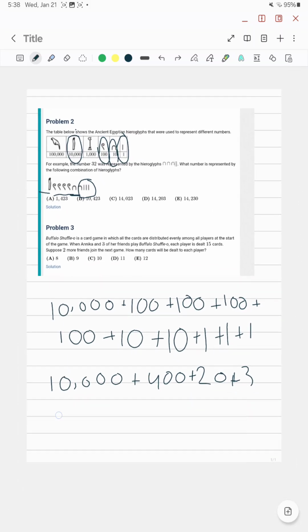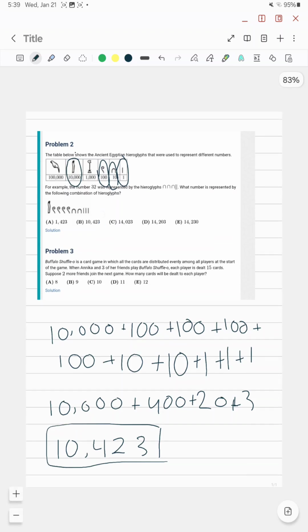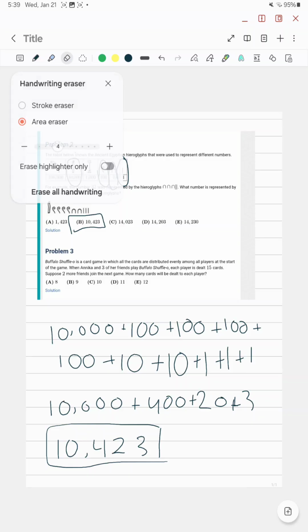Then we can just add these up and we'll get 10,423, which is this. Let me erase that, which is represented by this right here. Okay, now let's do problem number 3.